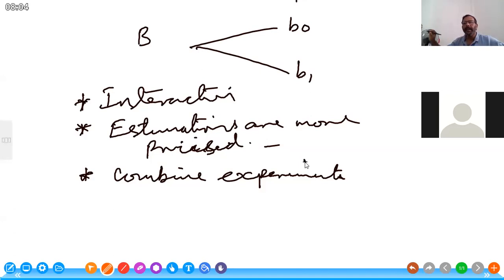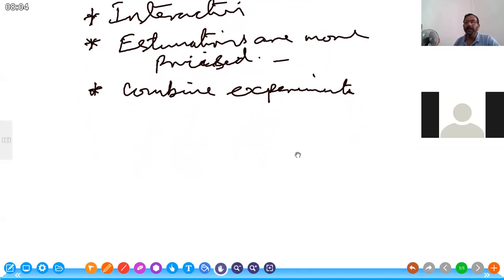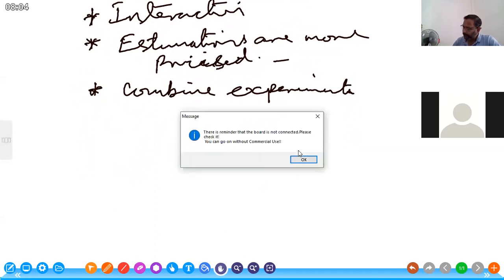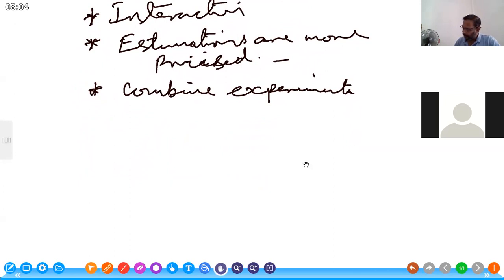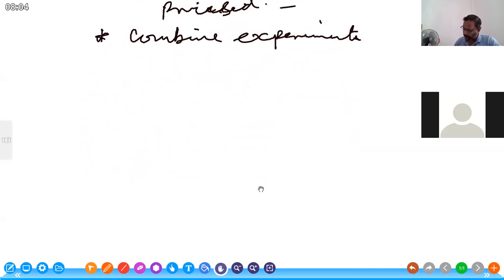We can try those 2 varieties for individual weed doses separately. That is one way. The other way is we can combine them, say weed spacing with variety, for example. So that is the advantage of all these factorial experiments.